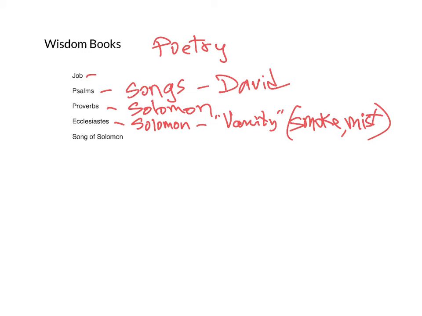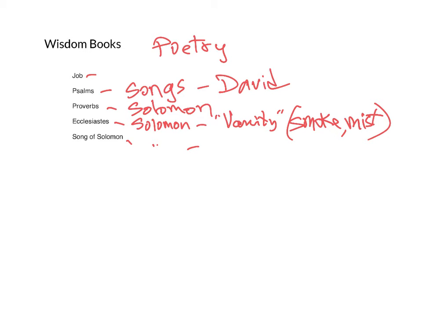And so what really is the meaning of life? That's what Solomon's grappling with in Ecclesiastes. And the meaning of life is, as he wraps it up, to reverence God, to love him with all your heart, and to keep his commandments. That's what it's all about. And there's nothing else more important than that. Then we have the book of Song of Solomon, which again is probably also written by Solomon.